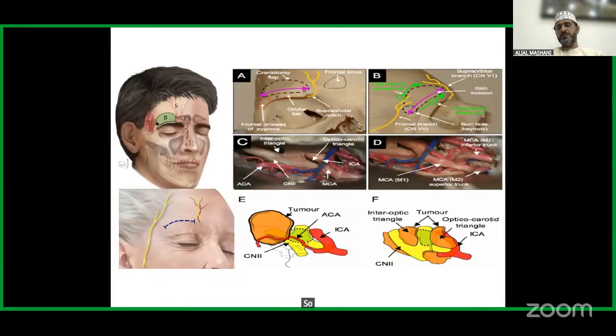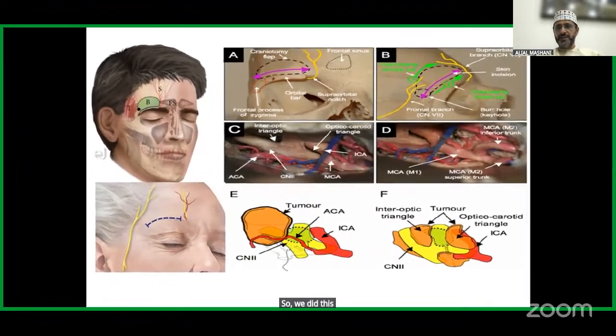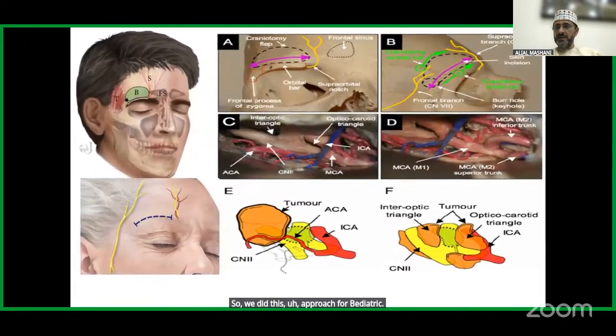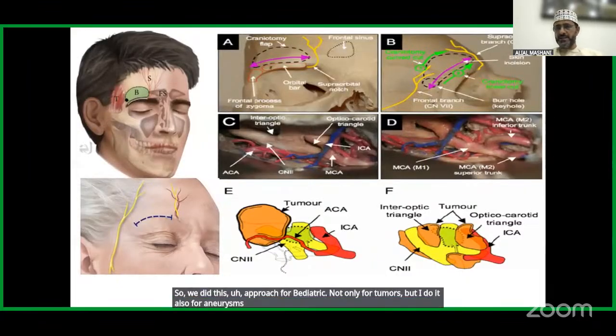So we did this approach for pediatric patients, not only for tumors, but I also do it for aneurysms in pediatrics.